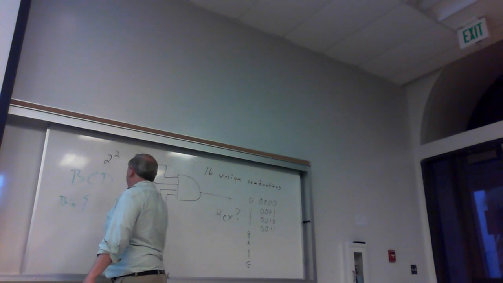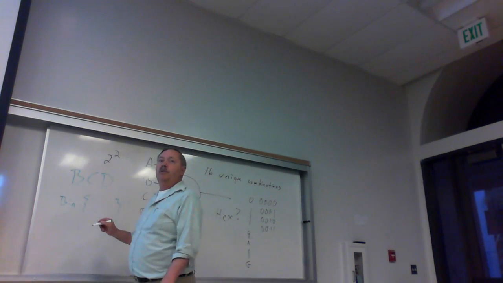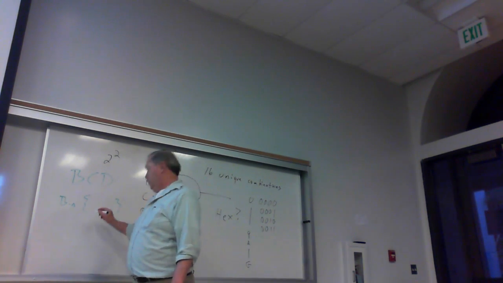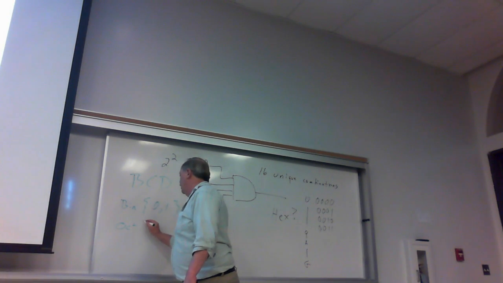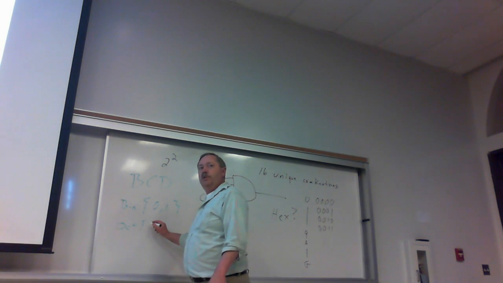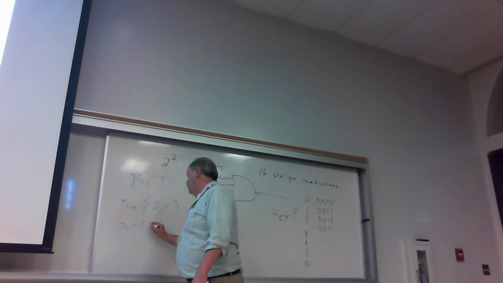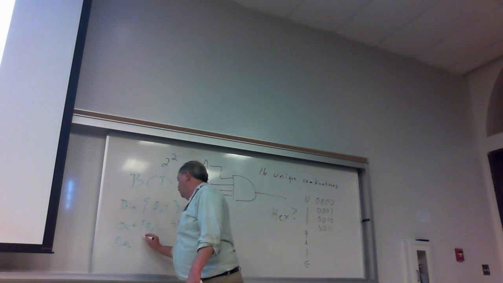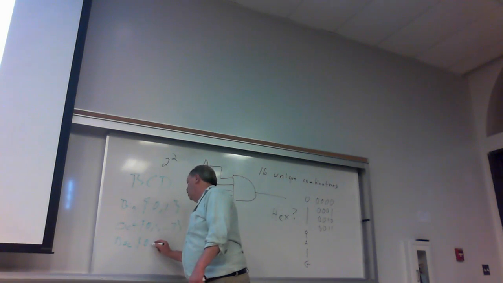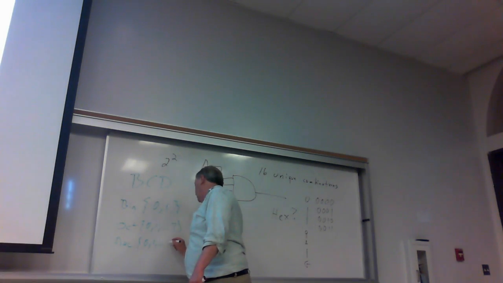What was the set of characters in binary? 0 and 1. What are the set of characters in octal? 0 through 7. 0, 1, 2, dot, dot, dot, 7. Decimal, 0 through 9. 0, 1, dot, dot, dot, 9.